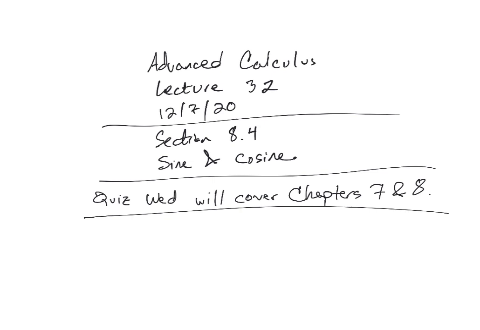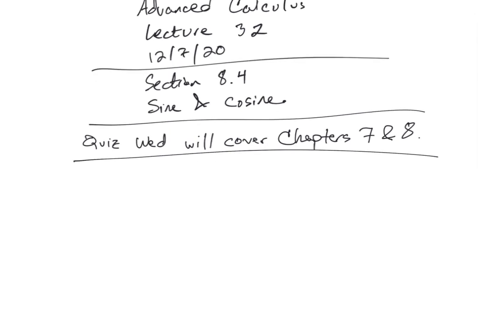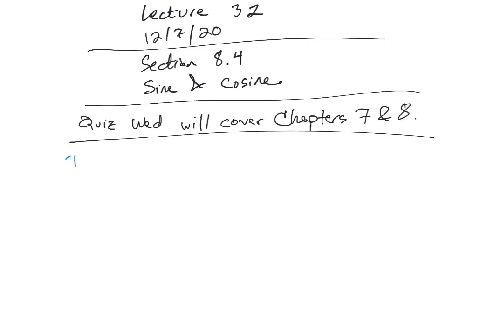Okay, so let me just state our first theorem. 8.4.1. There exist functions. Remember, when we did this for the exponential, we called it capital E, just because until we knew it was the exponential, we didn't want to call it that.